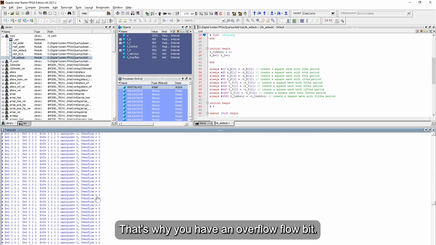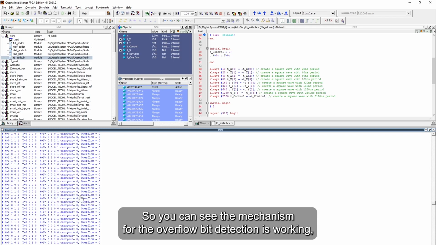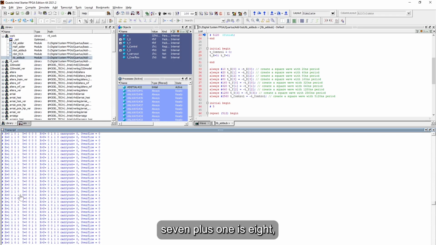That's why you have an overflow bit. So we can see the mechanism for the overflow bit detection is working. 7 plus 1 is 8, but the answer it shows is minus 8 because we have an overflow.